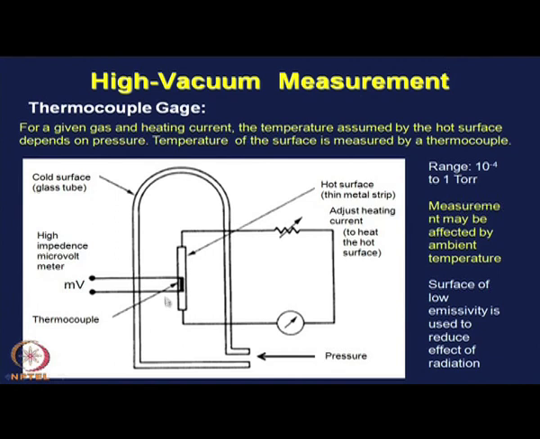But this thermal conductivity depends on the pressure. So, the temperature of this hot metal strip will be dependent on this pressure. So, by measuring the temperature of this metal strip using a thermocouple, I can relate the temperature, or the output of the thermocouple, which is millivolt, to this pressure.